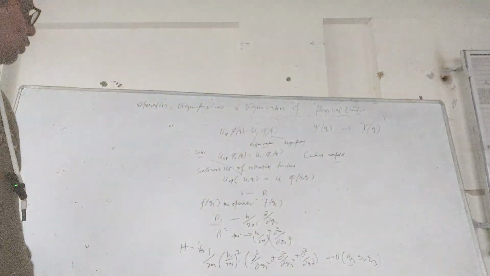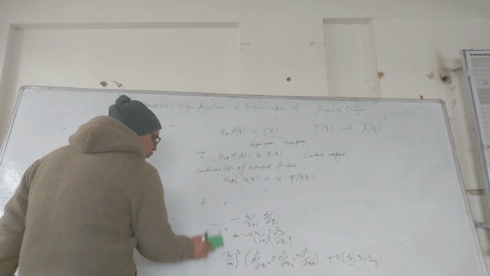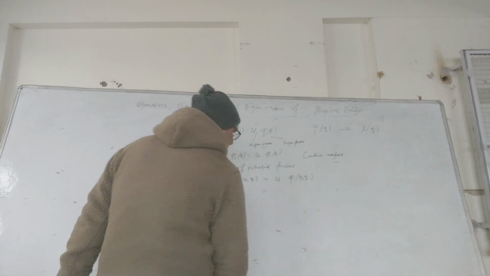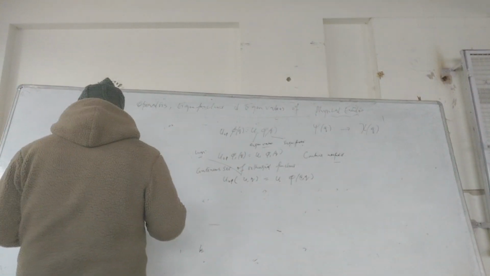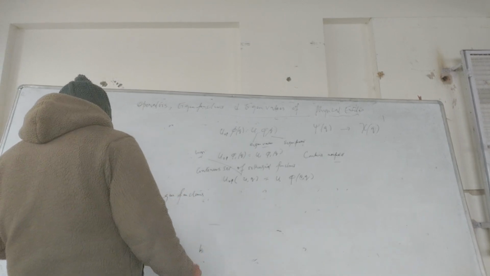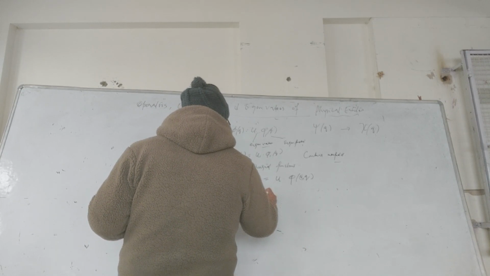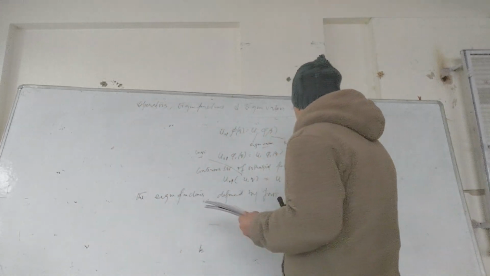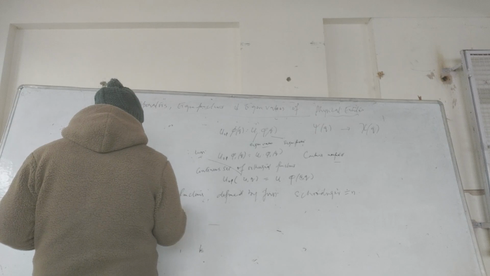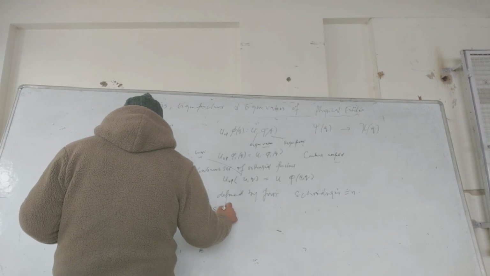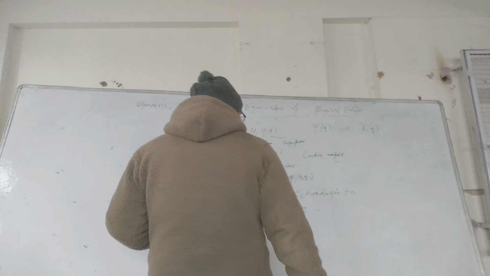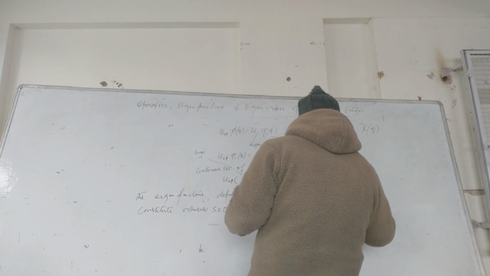So if we want to formulate this as a statement, we can say that the eigenfunctions defined by the first Schrödinger equation constitute an orthogonal set, and that the eigenvalues are real numbers.